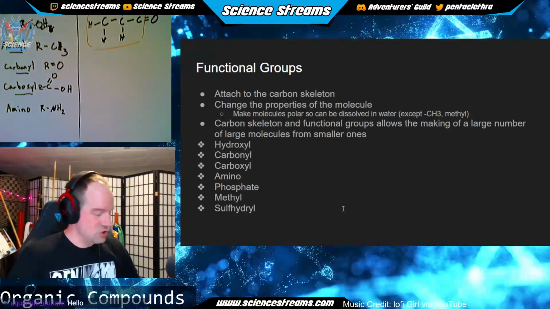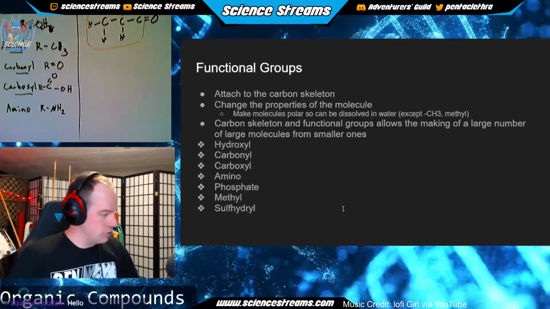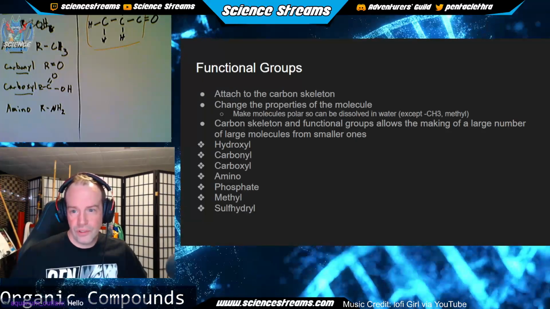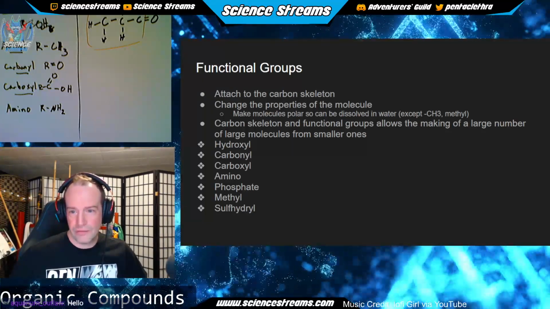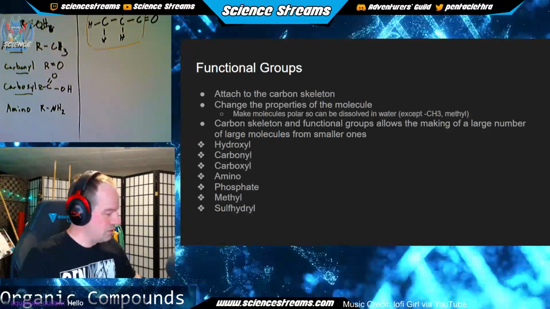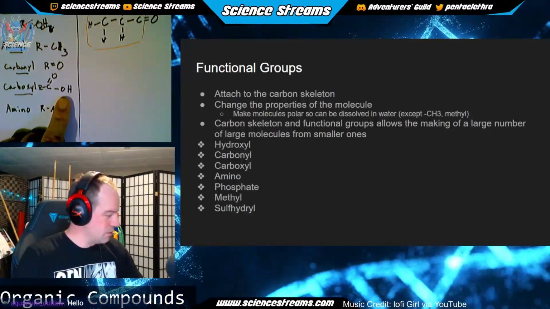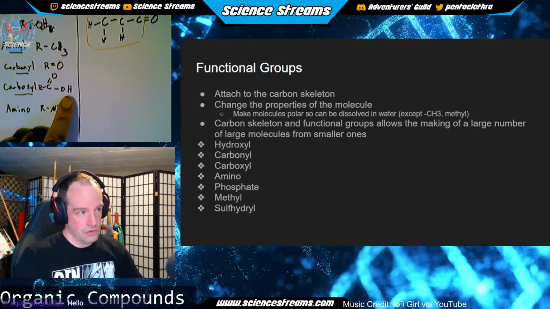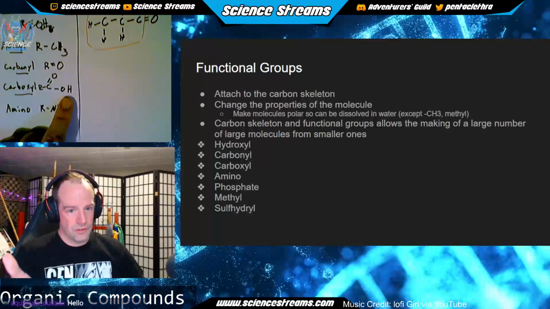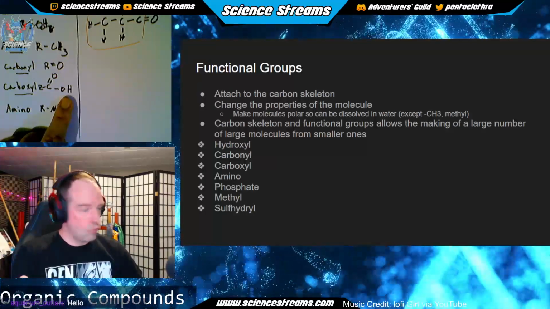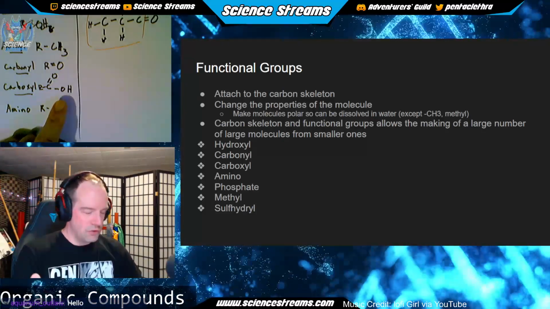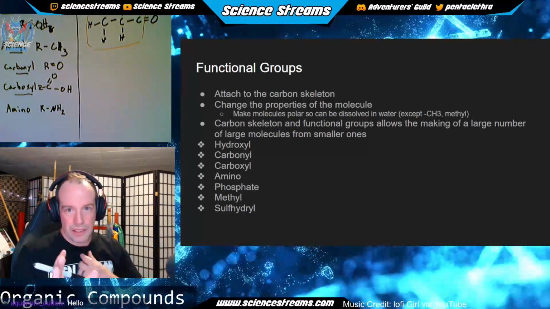Sometimes you'll see it as an NH2, depending on what charge it has. So don't be surprised if you see it written some other way. Sometimes these are written like this carboxyl, where the H is missing and you just have a negative charge on it. It's the same thing. It's just showing the charged ion form of that functional group. So don't get all bent out of shape.